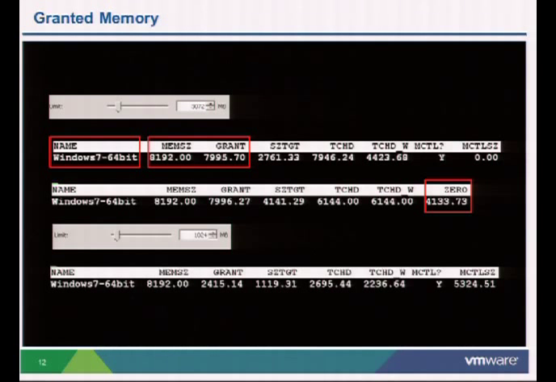At that point, granted memory dropped and ballooning went up, so everything was as expected. Keep in mind the various ways that we try to save memory, and zero pages is one very common technique. That explains why, even though the guest OS is 8 gig and touches all of its 8 gig, we don't have to actually allocate 8 gigs of memory for the VM.